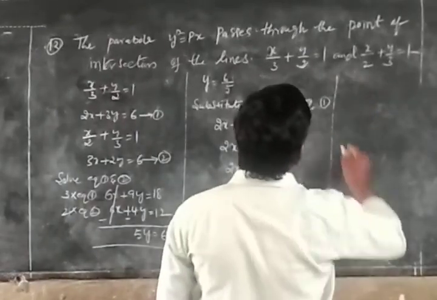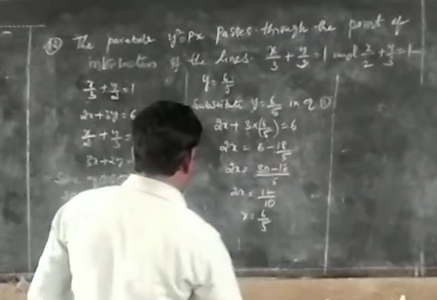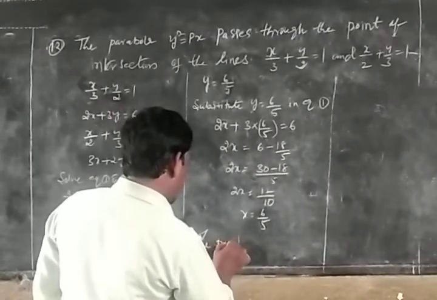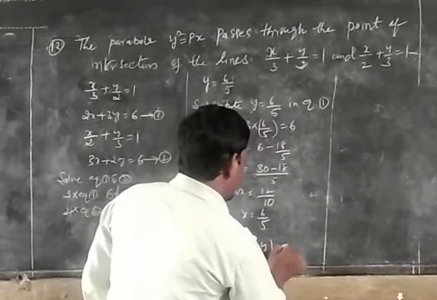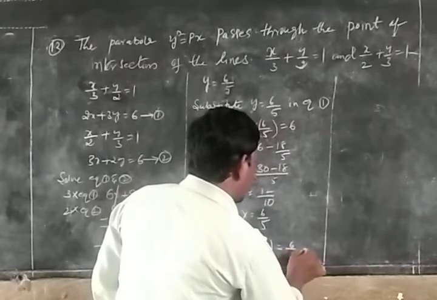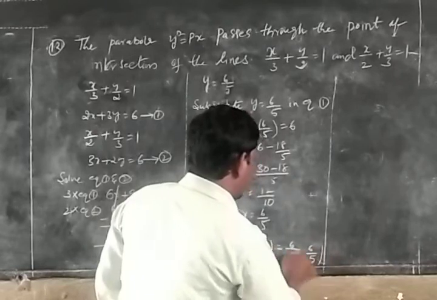Now the point x comma y equal to 6 by 5 comma 6 by 5.